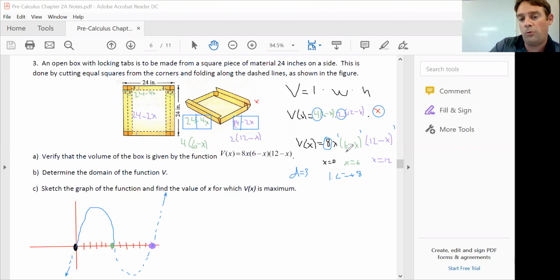If I use anything greater than 6, that's a negative value. So the green would be a negative value if I use anything greater than 6. Anything less than 0, that's a negative value. So anything greater than 12, that's also a negative value. So my domain then is going to be anything between 0 and 6.